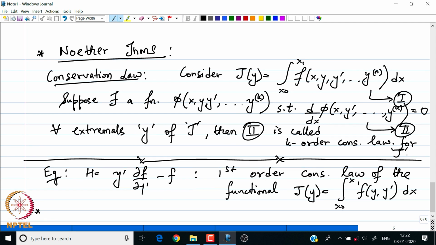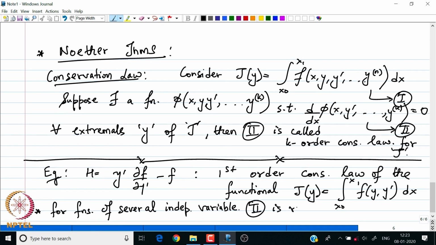So for functions of several independent variables, say t1, t2, up to tn, the relation 2 is replaced by the result that the divergence of phi is equal to 0.